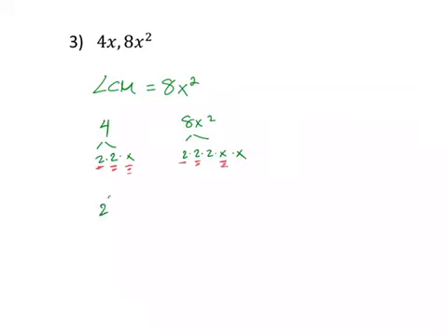So I have 2 squared times x as my greatest common factor, right? Now I'm multiplying this times everything else that is not repeating. So I'm multiplying times the 2 and I'm multiplying times the x. So this is the same as 8x squared. As you can see, I have it right there.